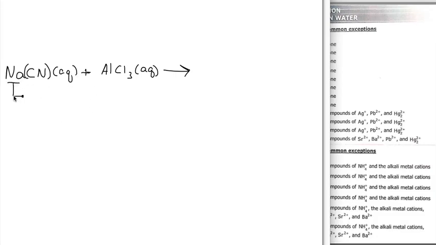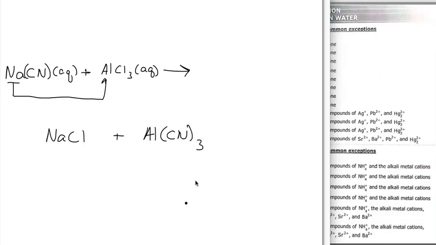So have the sodium change places with the aluminum, and we would get potentially sodium chloride, and we would get aluminum cyanide, which would be AlCN3. So let's see if they are soluble or insoluble.